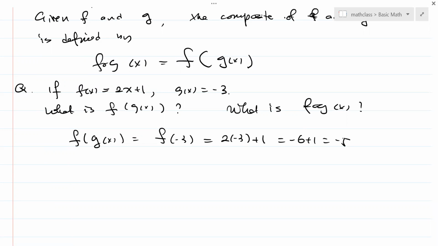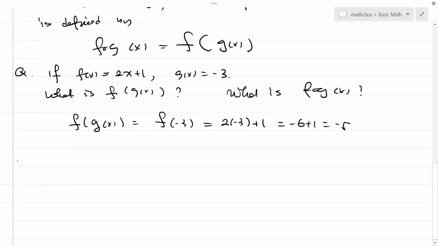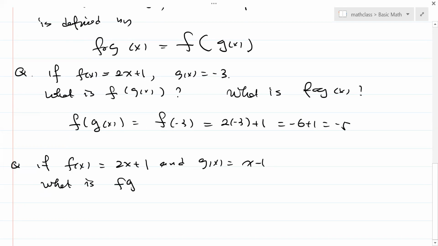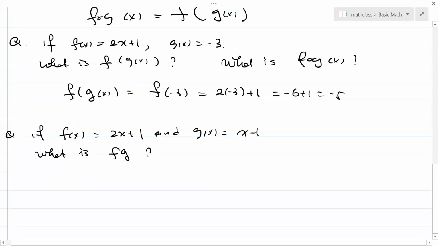background. Now you can also similarly define the product. So if f of x equals 2x plus 1, and just as an example, g of x equals x minus 1, the question is, what is fg? f times g is the name of the new function.